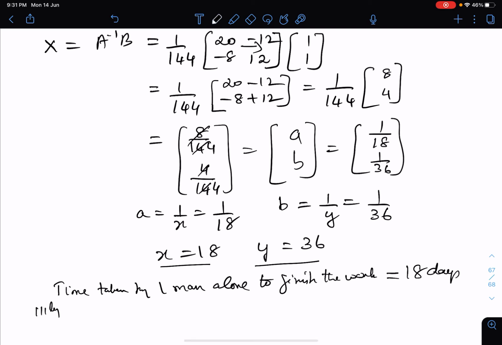Similarly, the time taken by one woman alone to finish the work is 36 days. This is your final answer, which you have found using the matrix inversion method. Okay, thank you.